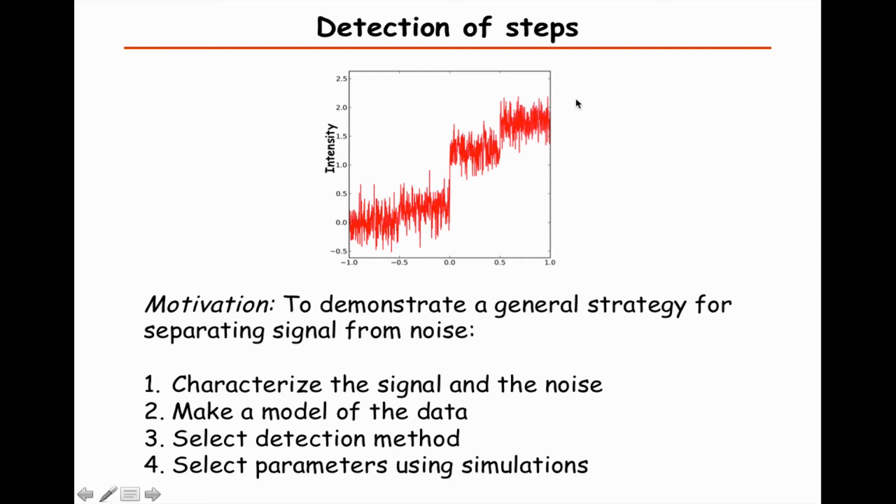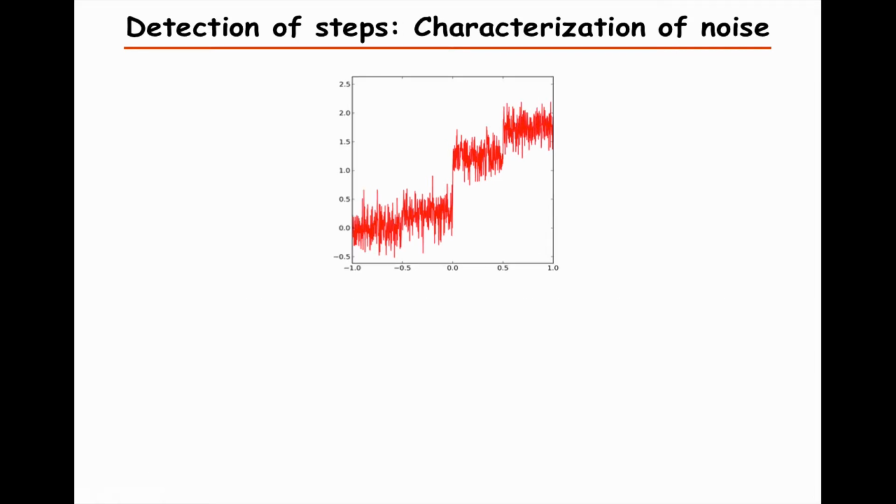Once we have characterized and understood what the signal and the noise look like, we can make a model of the data, select the detection method, and then do simulations to select parameter settings for how to set thresholds.